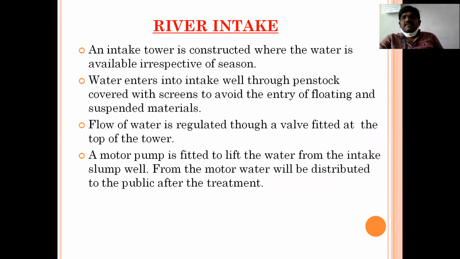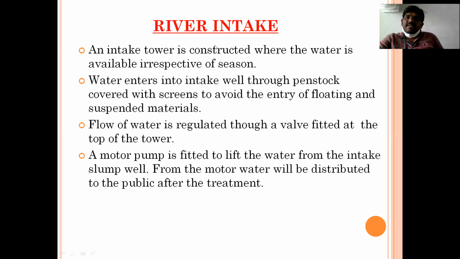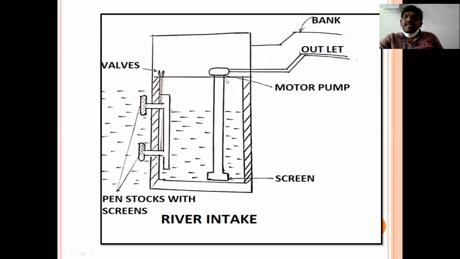See here, this is about river intake. River intake, as the title itself reveals, is an intake tower constructed where water is available irrespective of season. This is the river bank and outlets. See here, two penstocks are provided. What is the literal meaning of penstock here?